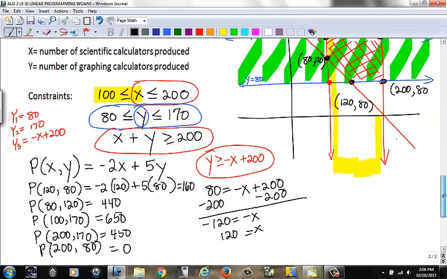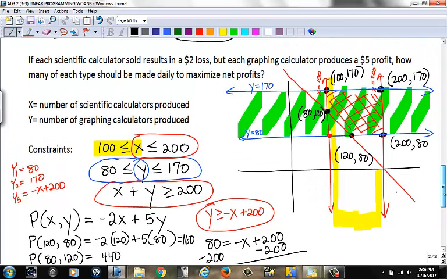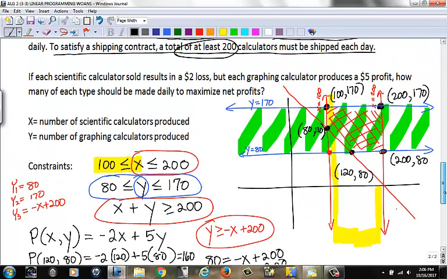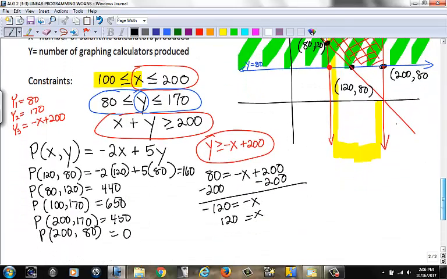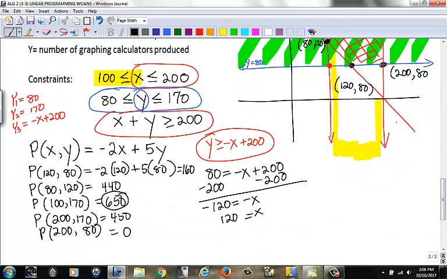Okay, so the max, if they ask back here how many should you make to produce a max: your max profit is 650 at 100 scientific, 170 graphing. So 650, 100.